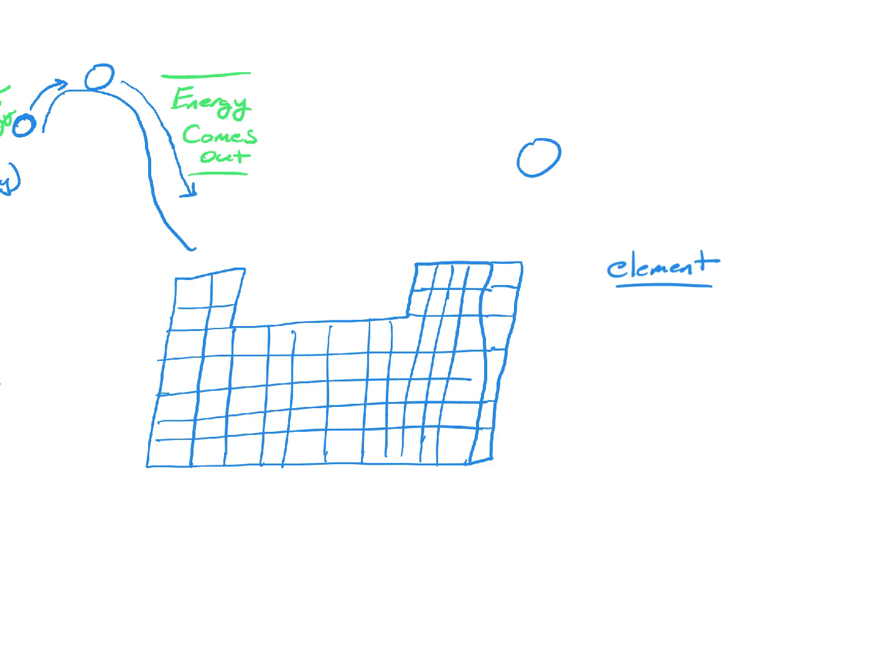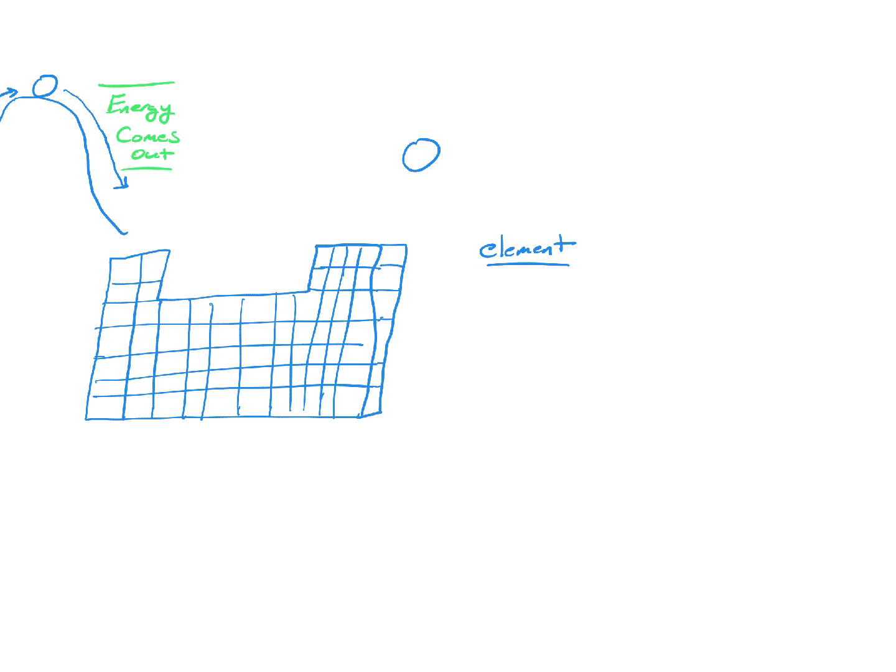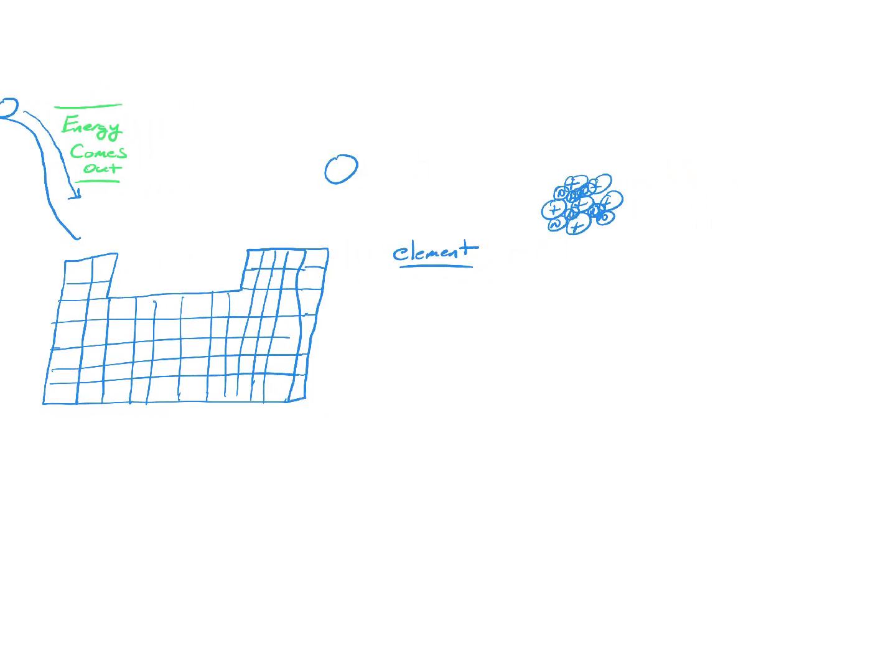Oxygen is an element, and if you broke it down into its tiniest pieces, it has 8 protons and 8 neutrons in its nucleus, and then it has 8 electrons.